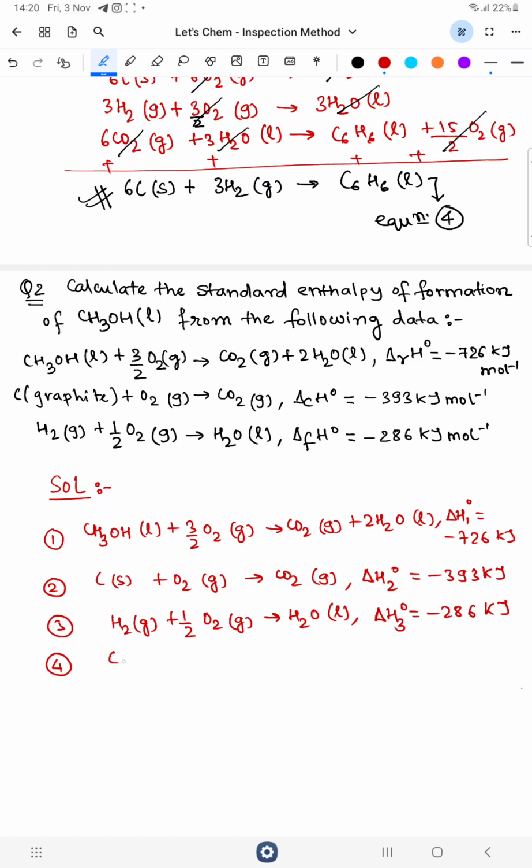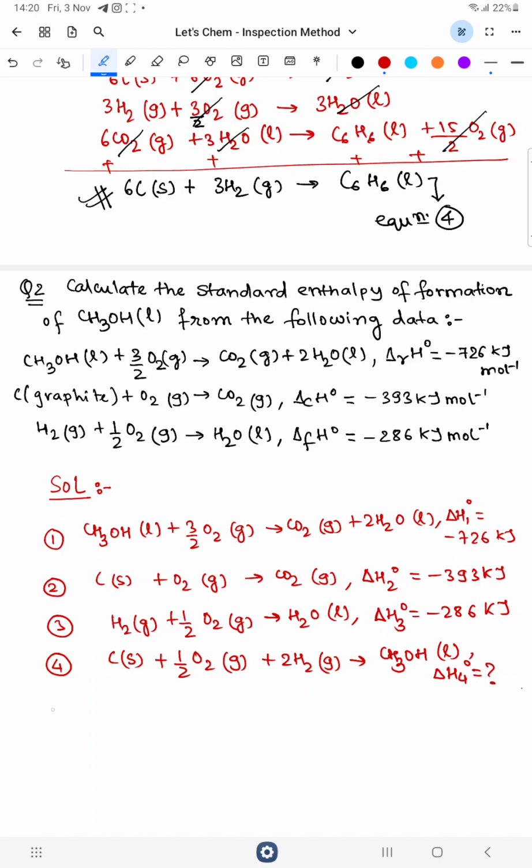So methanol, if you see, how will it be formed? C solid plus half O2 gas plus 2H2 gas gives CH3OH liquid, delta H4 naught, which we don't know.